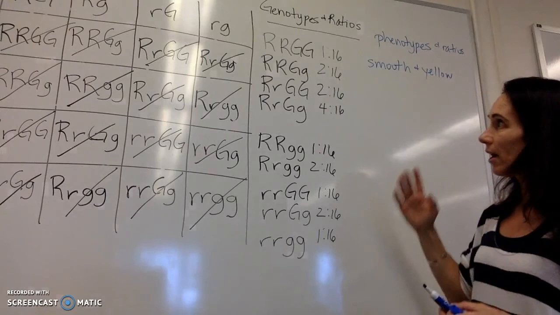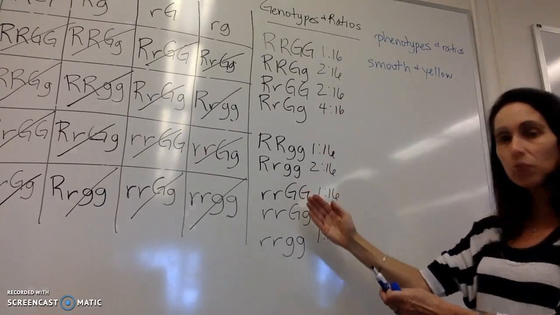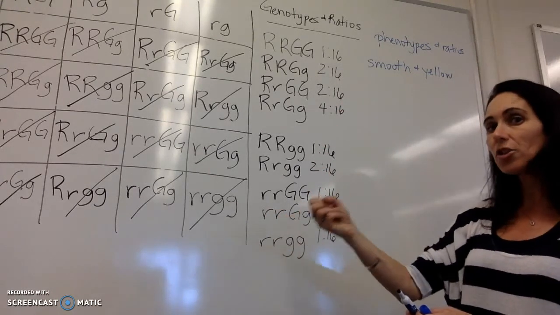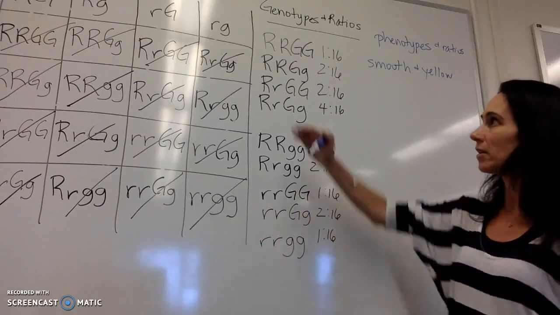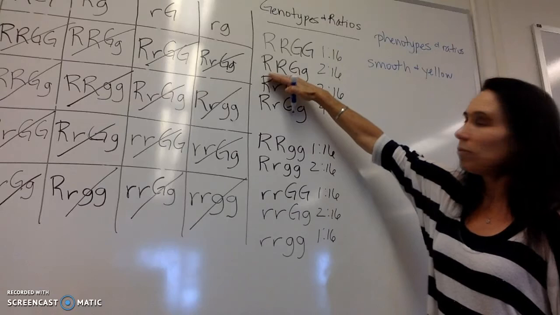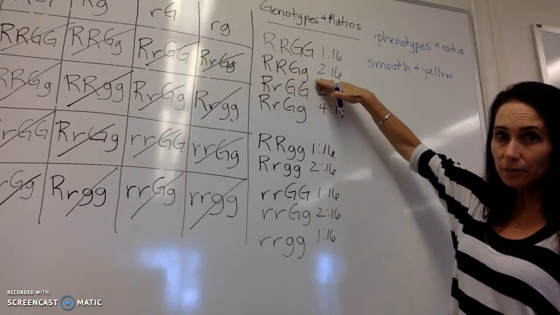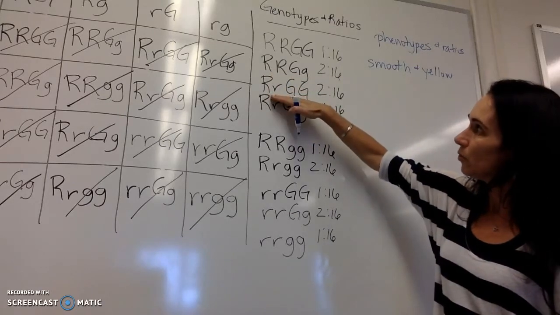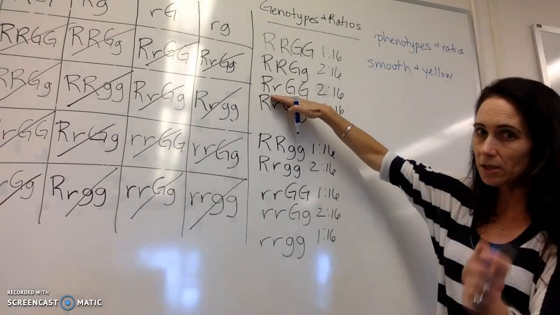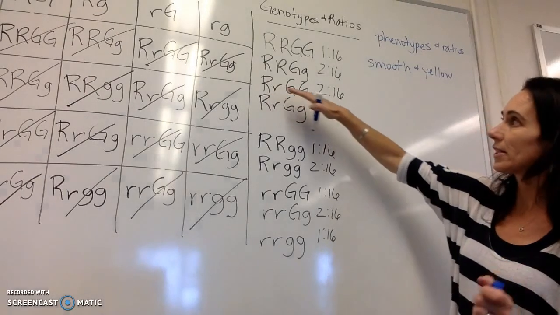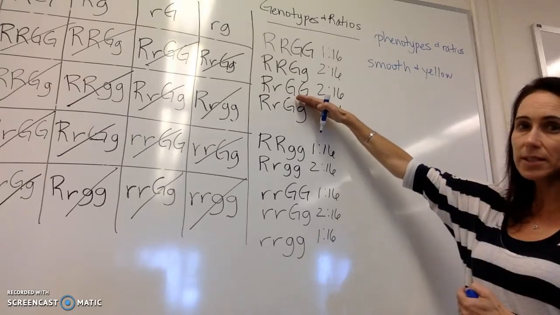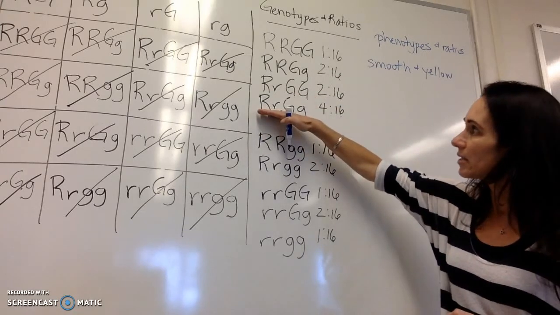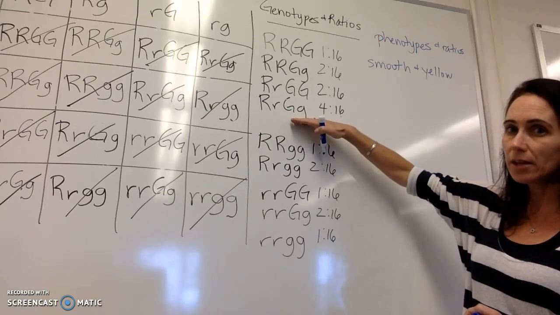Okay. Now, we're just going to move along, make these translations into seed texture and seed color, and write each different phenotype that we come across. So, smooth and yellow. Smooth, because we've got the one dominant smooth allele here, canceling out that recessive, and yellow, so still in the same phenotype, smooth and yellow.